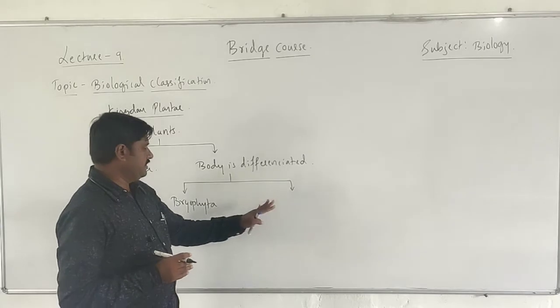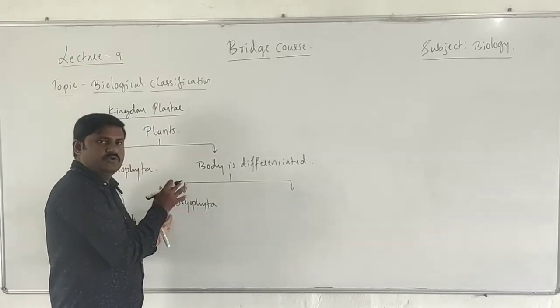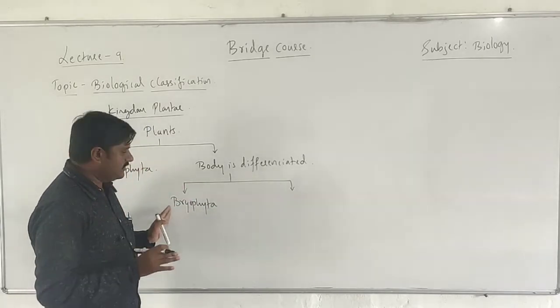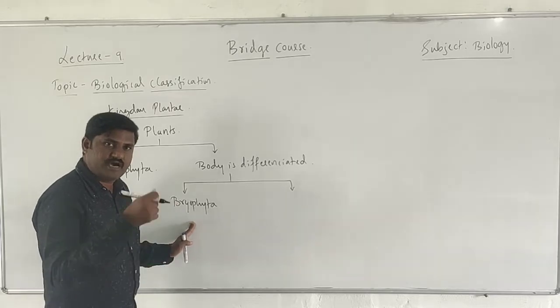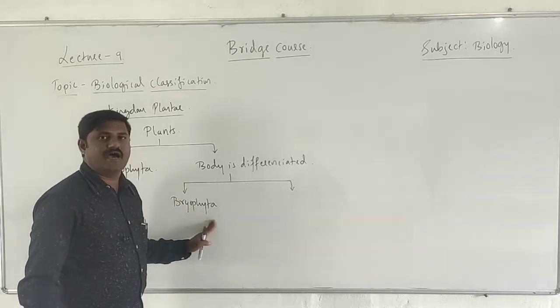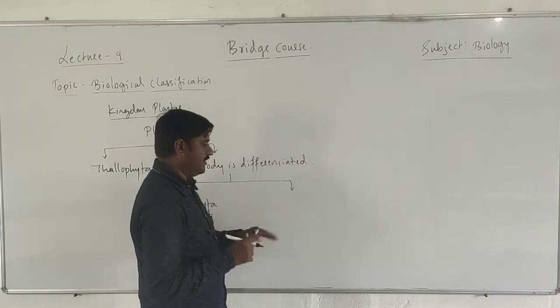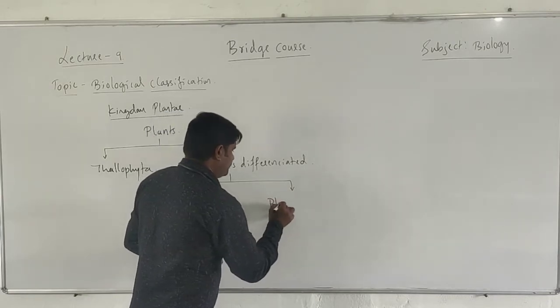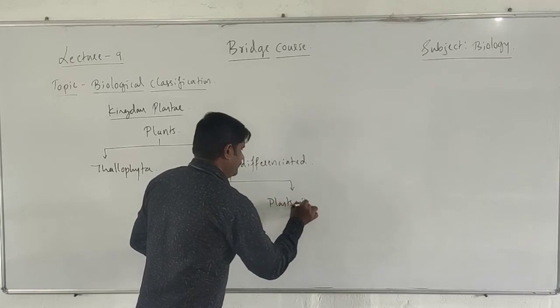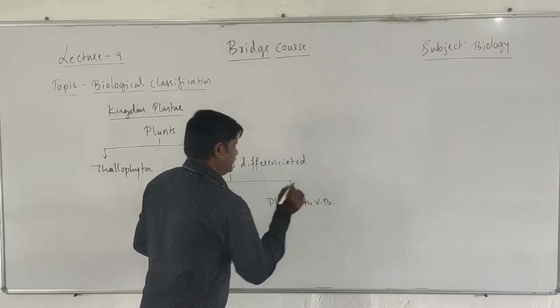These plant groups do not have any vascular bundle. Xylem as well as phloem are absent in this group of plants, and the next group of plants has vascular bundles.